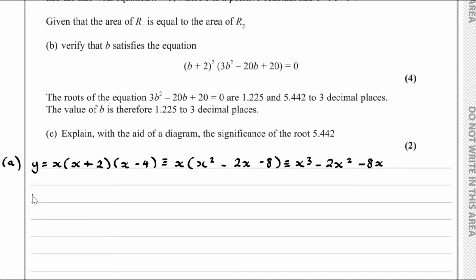And when y is equal to 0, we have 0 equals x(x + 2)(x - 4). In other words, where the curve crosses the x-axis, that would be at the points 0, -2, and 4.